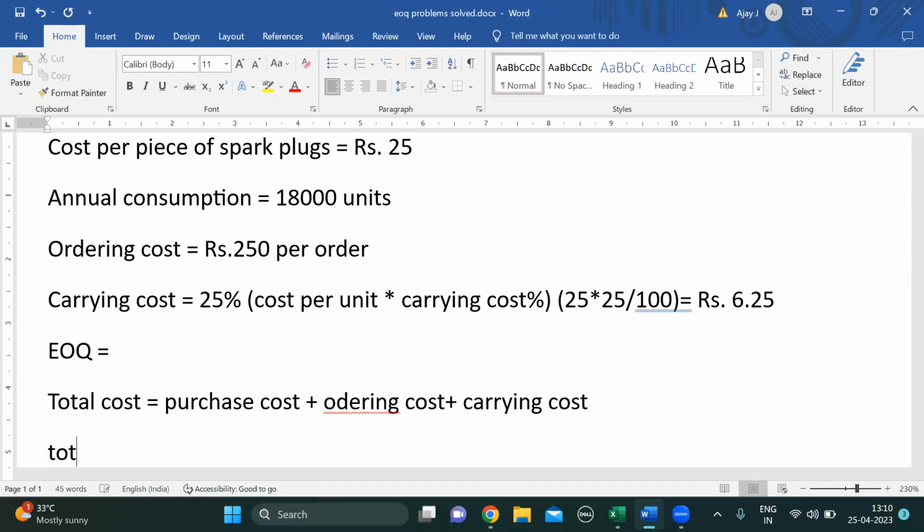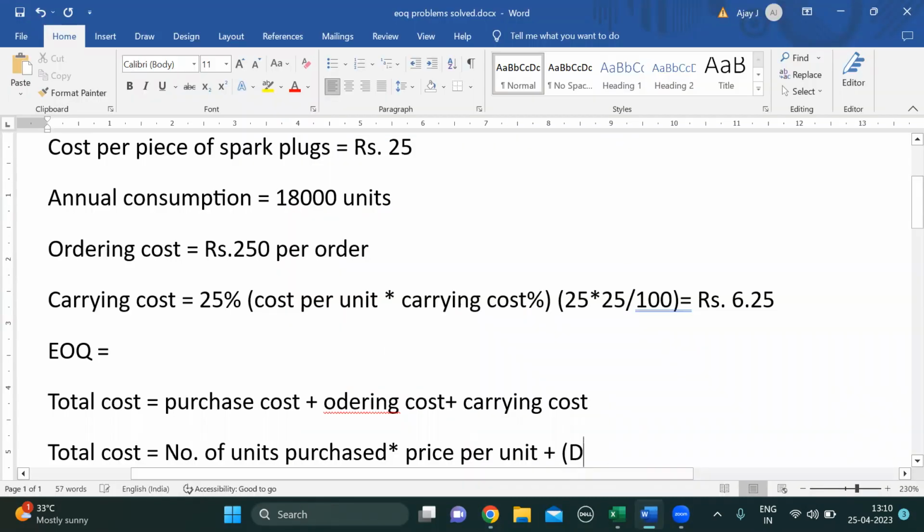Purchase cost is nothing but number of units purchased into price per unit, plus ordering cost, which is number of orders we want, annual quantity divided by Q. Demand divided by Q, D divided by Q into ordering cost, plus average inventory Q divided by 2 into carrying cost. This will give us the carrying cost.